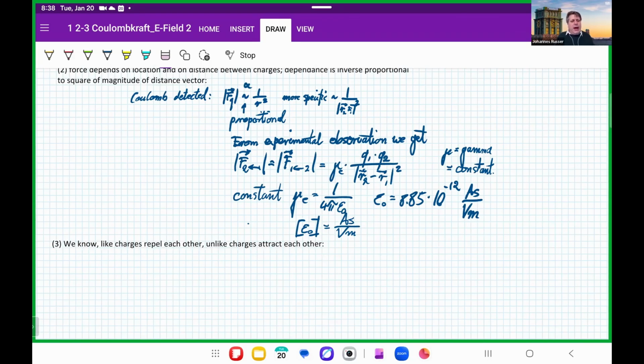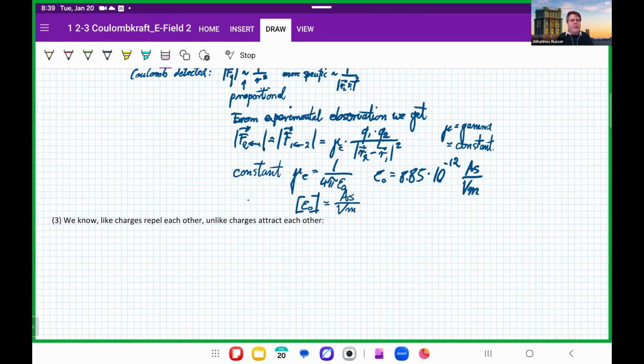And there is a constant in there that is given here with gamma, and that gamma is 1 over 4 pi epsilon 0. This epsilon 0 is a dielectric constant that is determined to be 8.85 times 10 to the minus 12 ampere second per voltmeter.